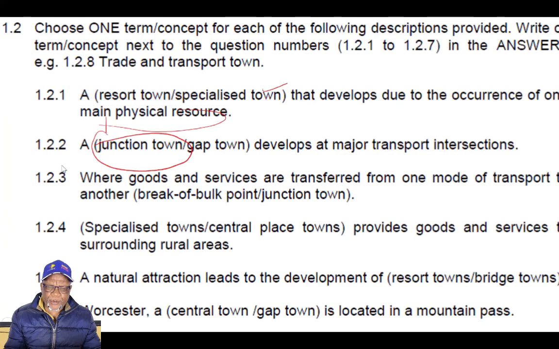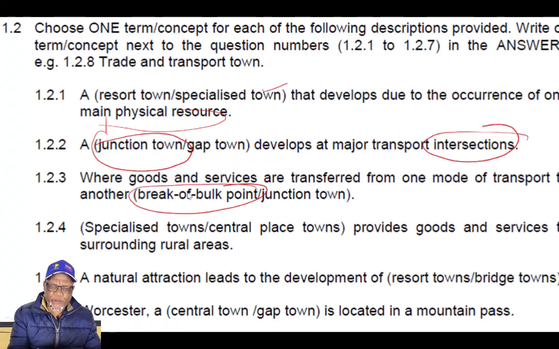A gap will be through a pass on the mountain. But here we're talking about intersections. So it will be a junction. Where goods and services are transferred from one mode of transport to another, this one will be a break of bulk point.